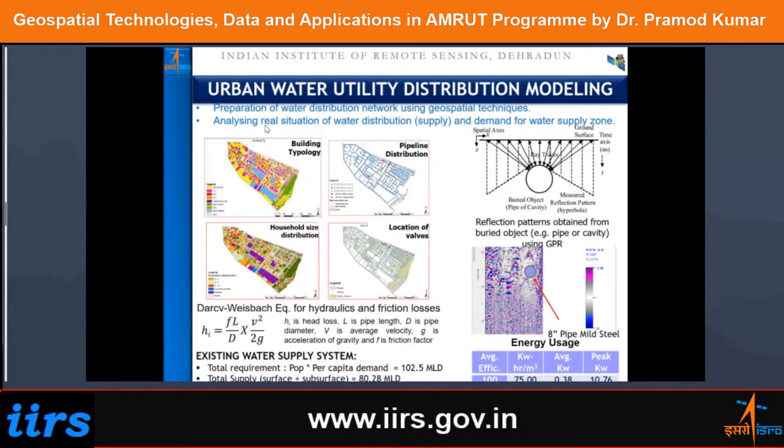Because the utilities database has been created, one can also use the digital elevation model and the building footprints which are already generated within the AMRUT sub-scheme. One can then find out what might be happening because of the terrain undulation, because the water flow is through gravity.